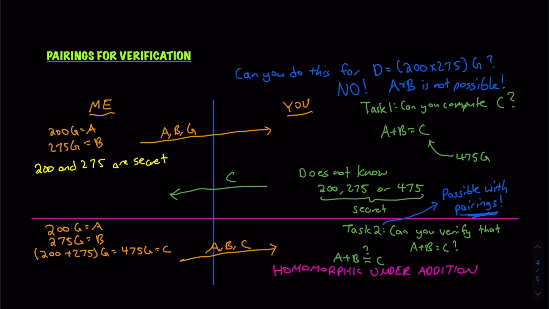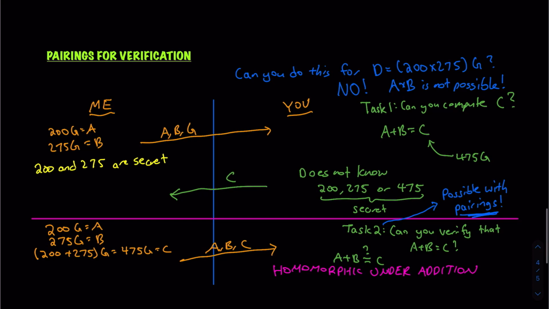We then saw that this did not work for multiplication because this is not homomorphic under multiplication. I could not ask you to calculate D, which equals 200 times 275 times G, because you could not do A times B. You can't multiply 2 elliptic curve points in this group.